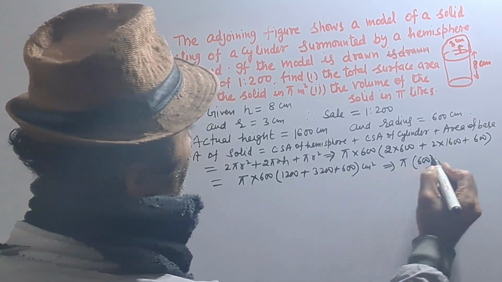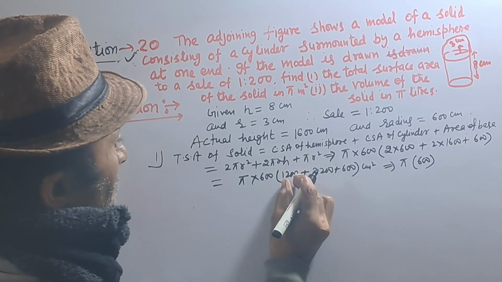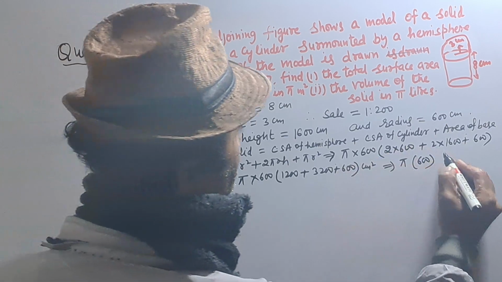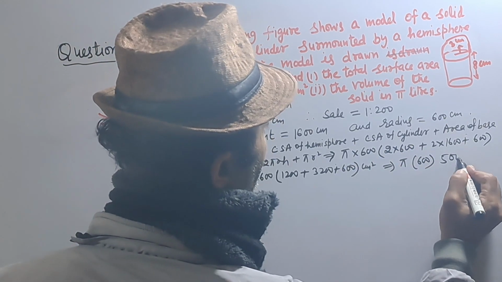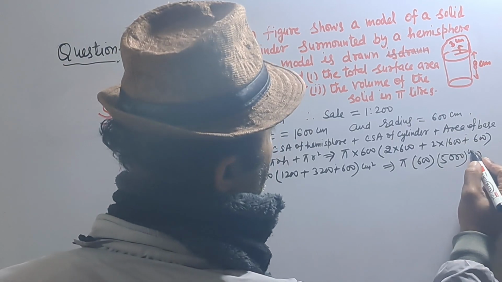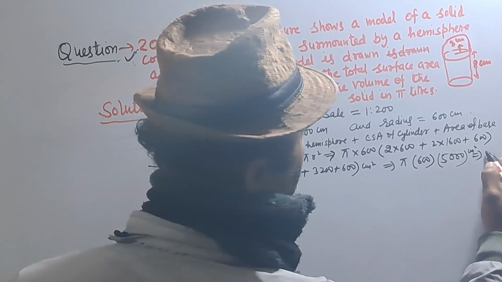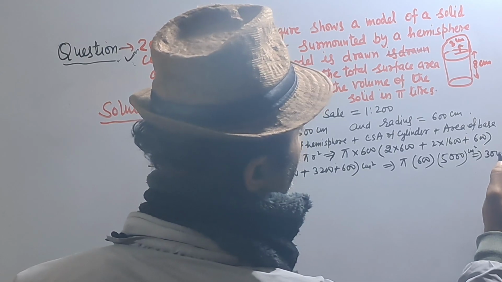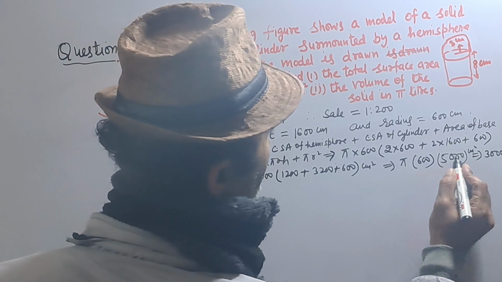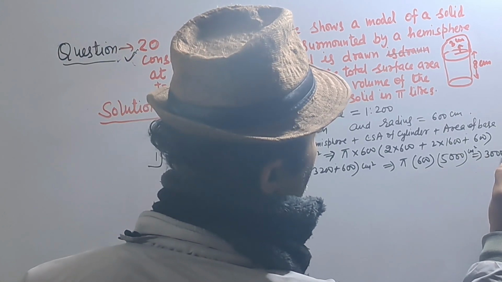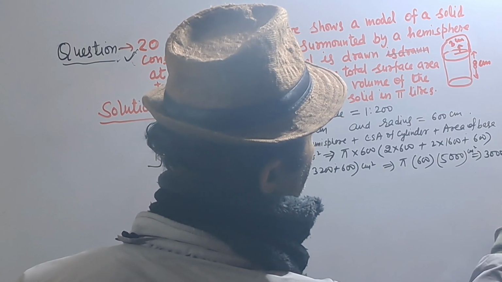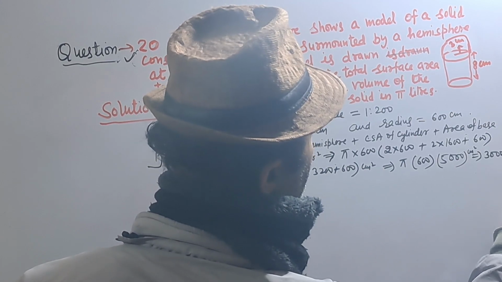Which implies pi 600 into (1200 plus 3200 plus 600), that is 5000 centimeter square. 6 5s are 30, and the zeros give 300000 pi centimeter square.